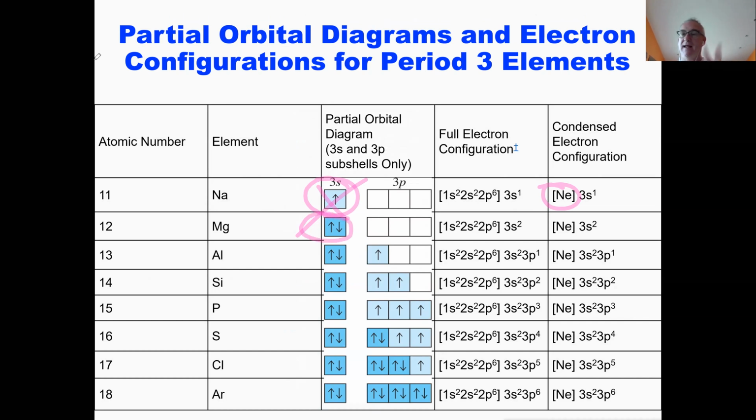magnesium. Now this is where some students get confused. And I totally understand, because you look at magnesium and you say, hey, all of its subshells are full. And in a way, that's true, right? It has 1s2, 2s2, 2p6, 3s2. They're all filled. Why is it so reactive?